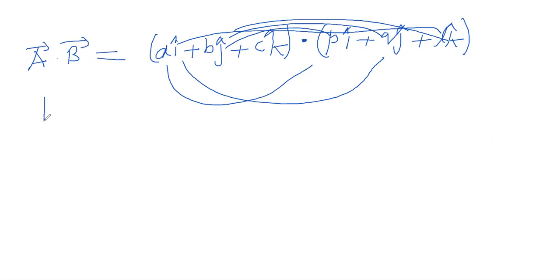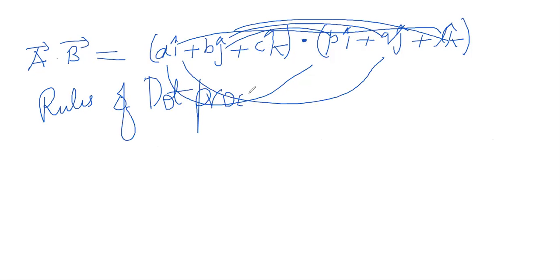Why? Because there are rules for dot product. What are the rules of dot product? I cap dot with I cap is 1. Remember that. And the same I cap with any other is 0.